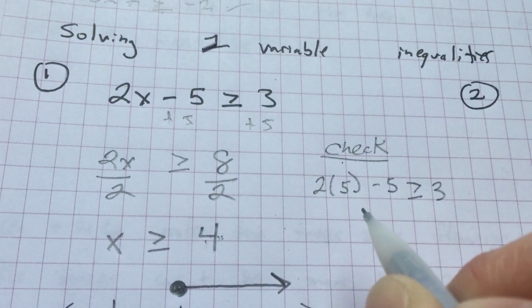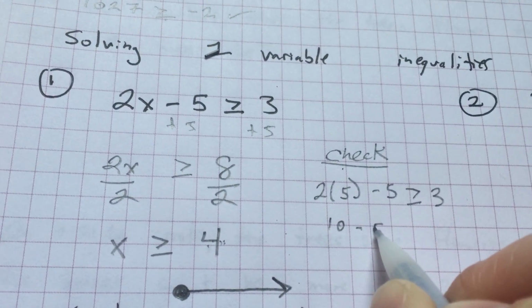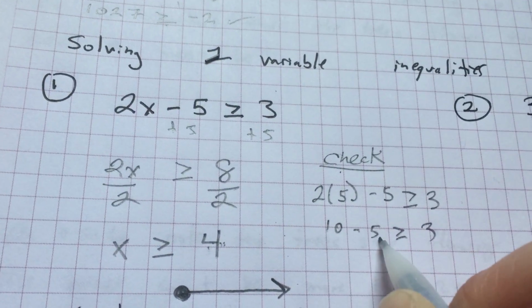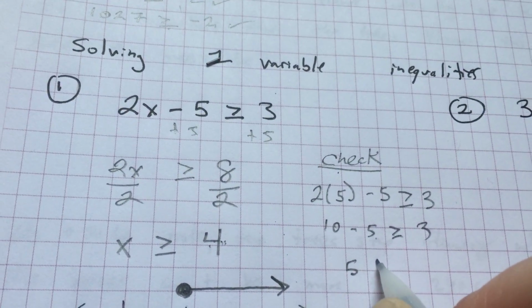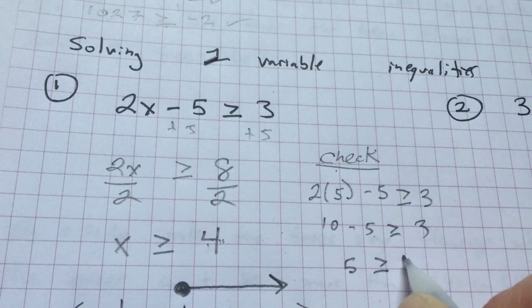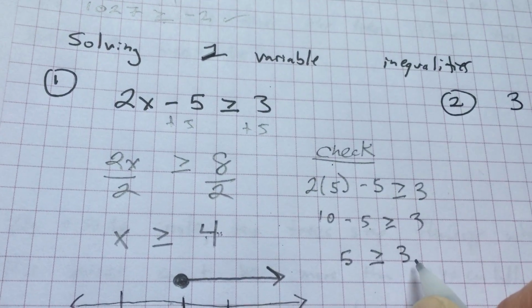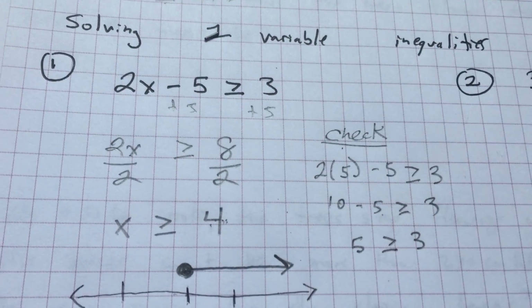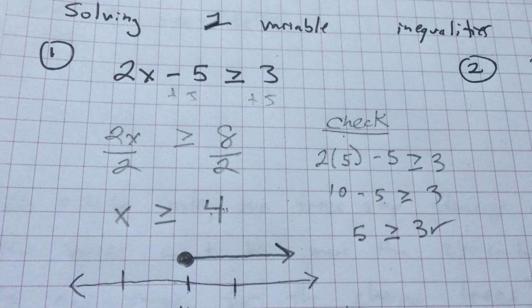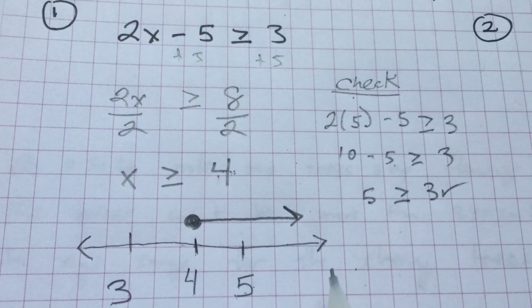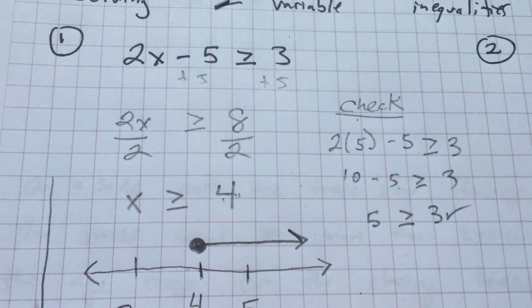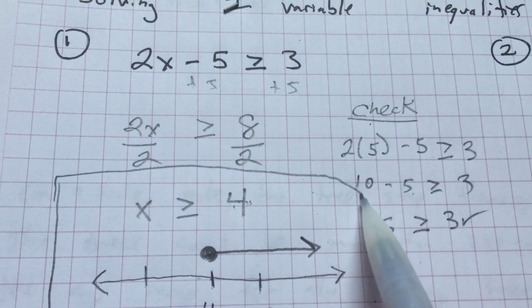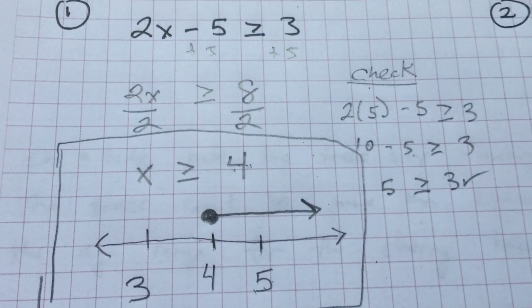So 5 times 2 is 10, and 10 minus 5 is 5. And 5 is definitely bigger than 3. So I know that I solved everything correctly. I know that my arrow is pointing in the right direction. So I'm going to go ahead and box my answers.